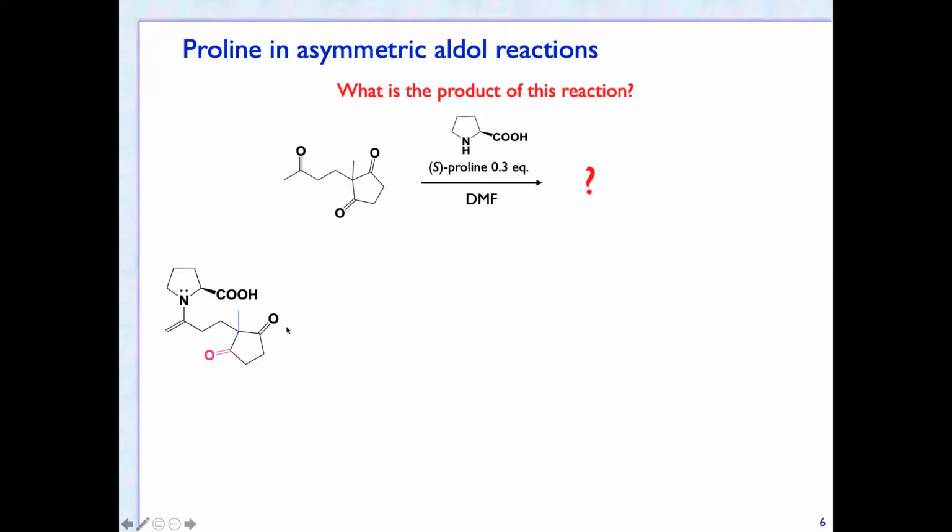So eventually the highlighted oxygen coordinates to the proton of the carboxylic acid. Not yet, something else happens first. Would the nitrogen lone pair come down and the double bond attack the carbonyl, the pink one? Yeah, that's exactly what happens. So in this case, we have a selective attack on one carbonyl only, okay? So we have a selective attack here.